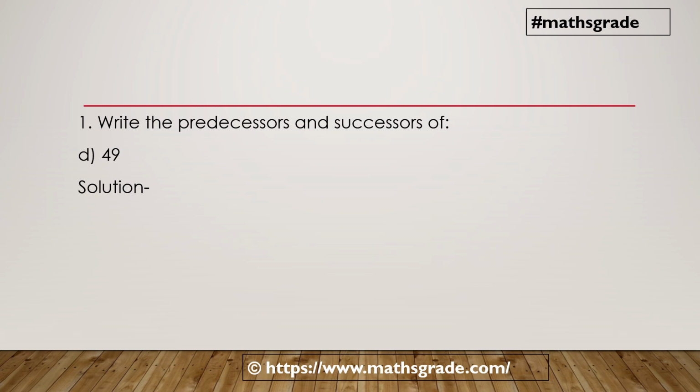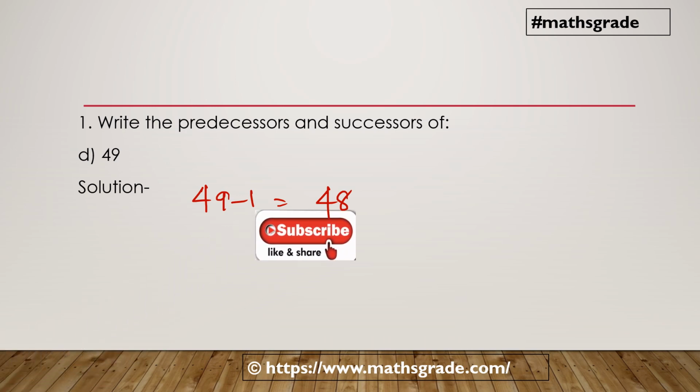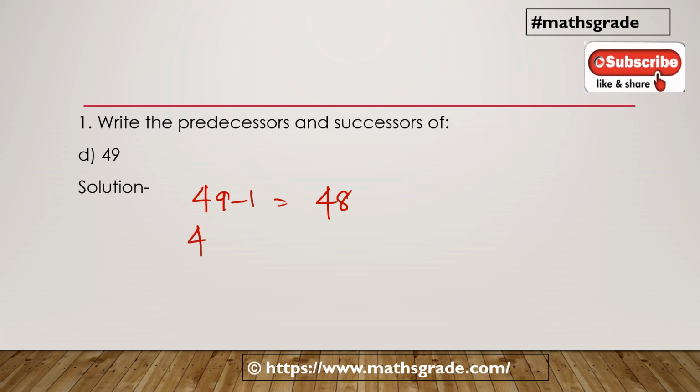Now question number fourth bit D 49. Predecessor of 49 is, we have to subtract 1 from the number 49. So predecessor of 49 is 49 minus 1, which is 48. And 48 is the predecessor of 49. And successor of 49 is, we have to add 1 with the number 49. So 49 plus 1 is 50. And 50 is the successor of 49.